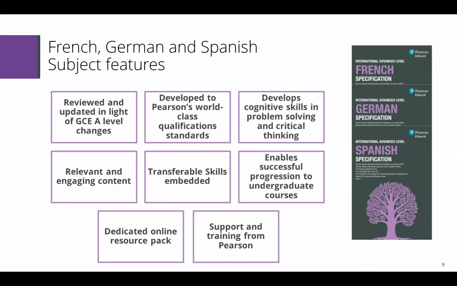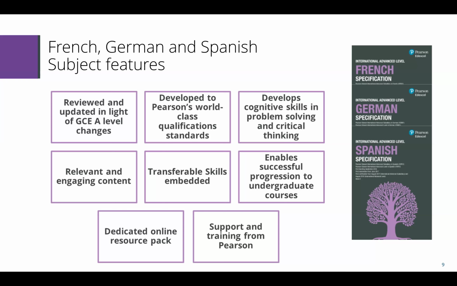Of the subject features, a couple of things really. I think it's important to say that it is a modular qualification. So this means that if, for example, you decided that at the end of your first year of teaching, generally for the international A level, you would have 2 years of teaching.